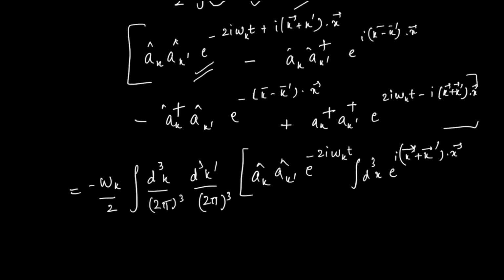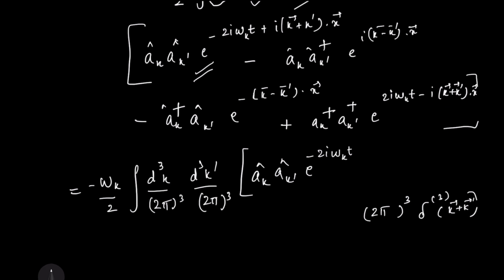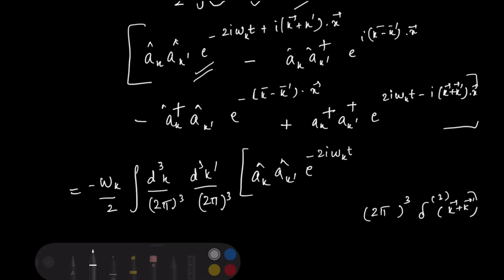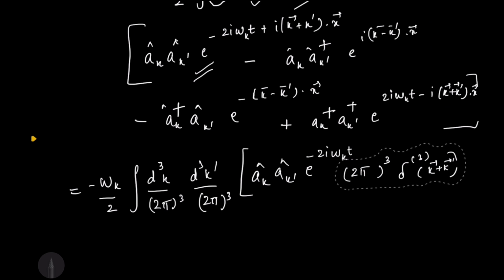This will give 2 pi cube delta of k plus k prime. So I am just replacing this integral with this one.